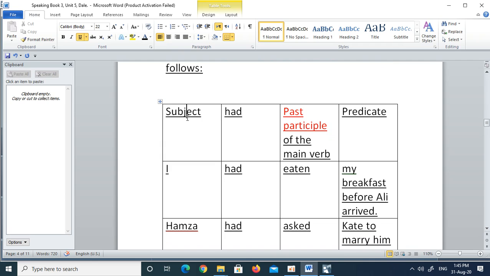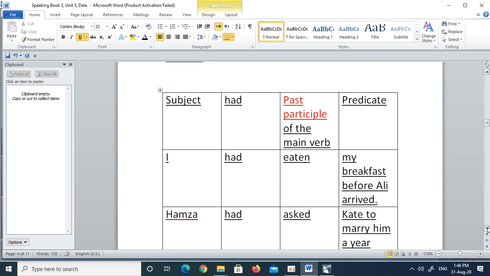We have a subject, we have the auxiliary verb had, we have the past participle of the main verb, and we have the predicate. So it is a very simple 4-block construction. Block number 1, your subject. Block number 2, had. Block number 3, the past participle of the main verb. And block number 4, the predicate.